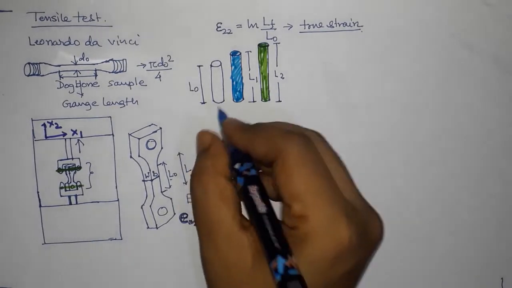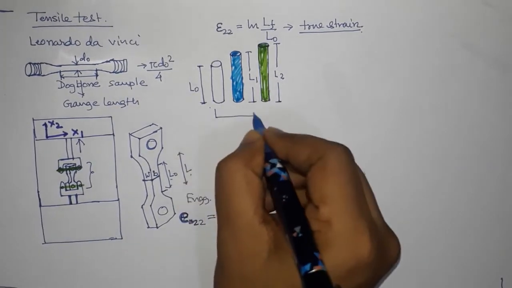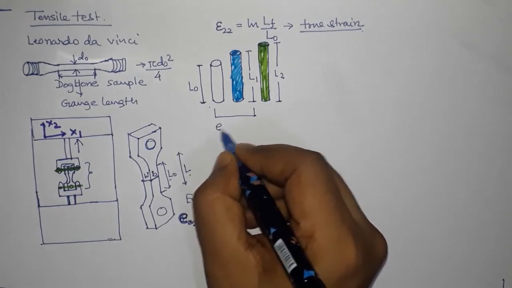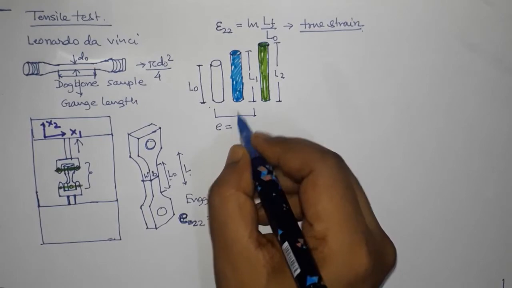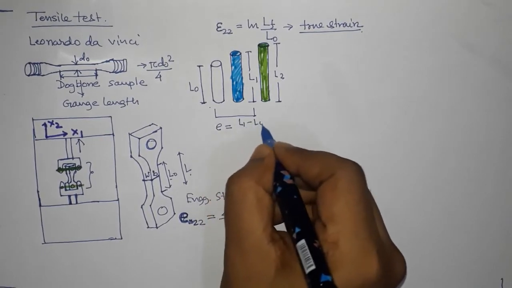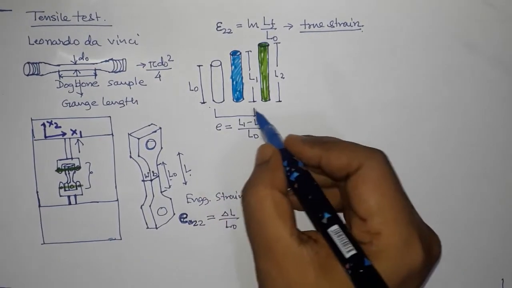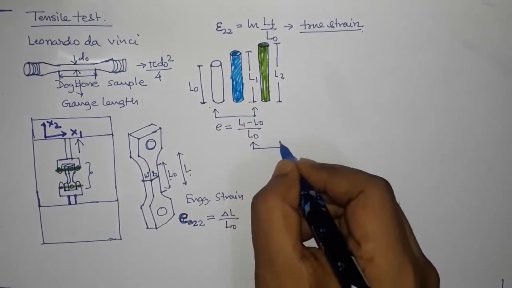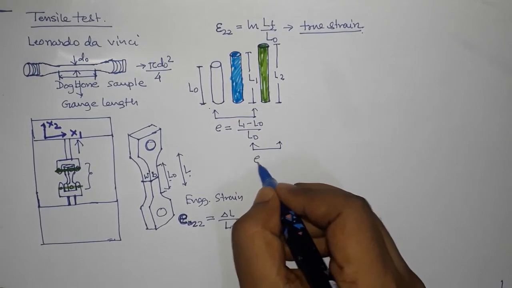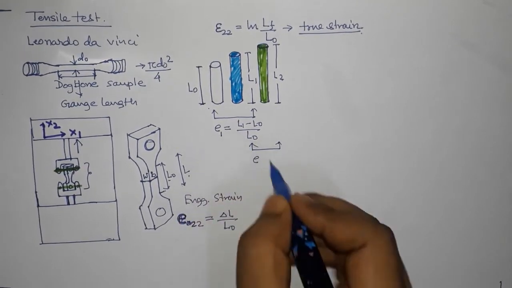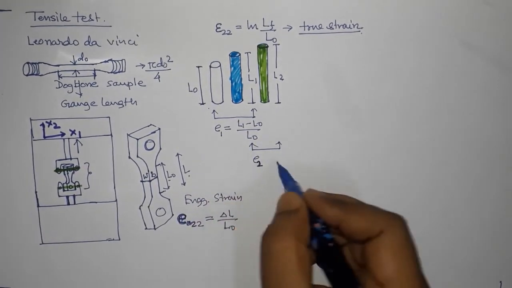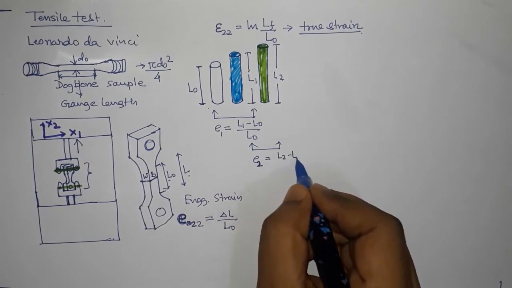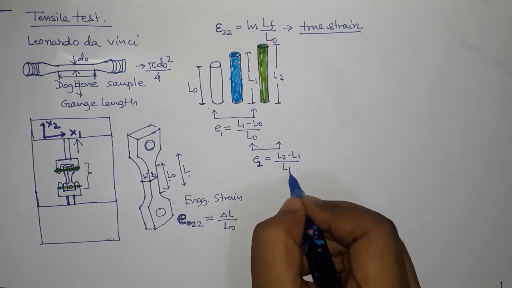So what will be my engineering strain from the first to the second state? Engineering strain will be L1 minus L0 divided by L0. And from here to here I will have engineering strain E2, with this one being E1, and E2 will be equal to L2 minus L1 divided by L1, right?